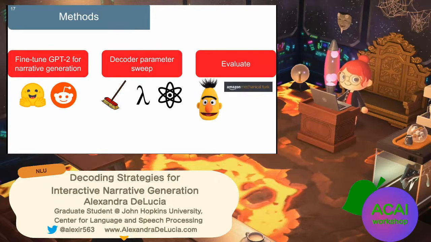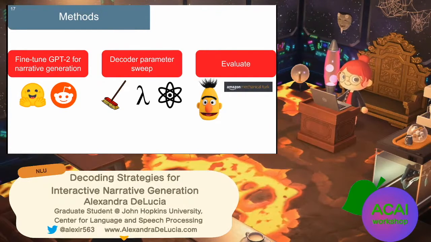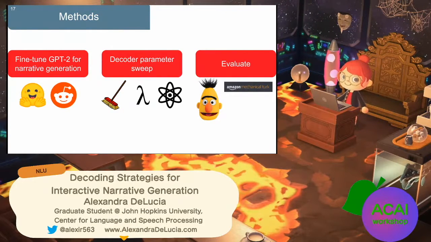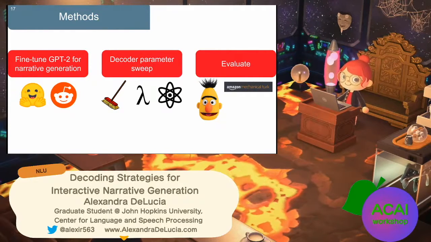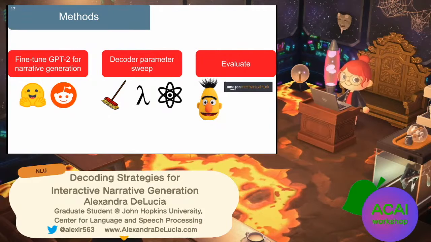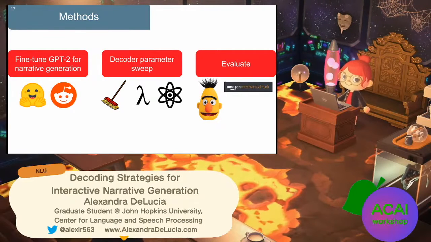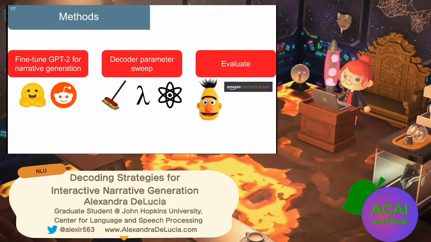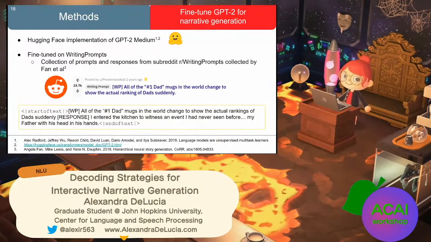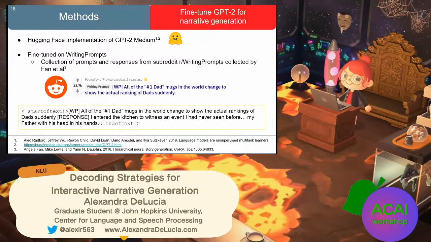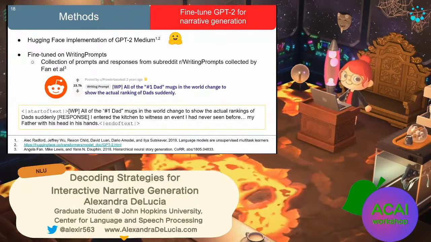So to answer our research questions, we will fine-tune GPT-2 for narrative generation, perform a decoder parameter sweep for nucleus sampling and diverse decoding, and then evaluate our model with respect to diversity and quality. To fine-tune GPT-2 for narrative generation, we use the same writing prompts data set used to train the other narrative models.